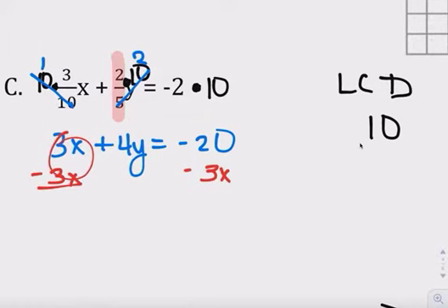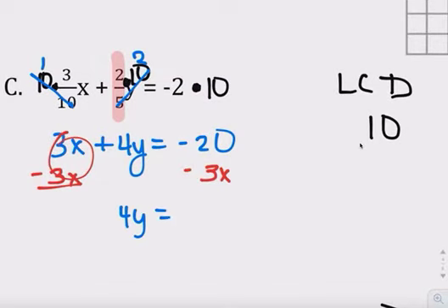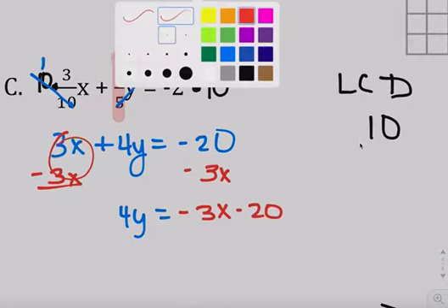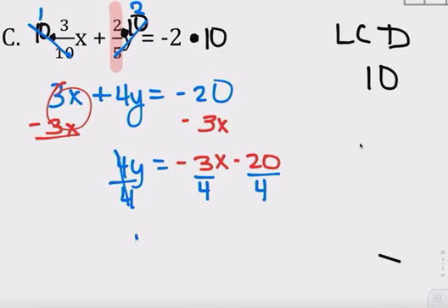Okay, and then you have to subtract 3x, minus 3x. 0 plus 4y. You get 4y equals negative 3x minus 20. Divide by 4. Y equals negative 3 over 4x minus 5.